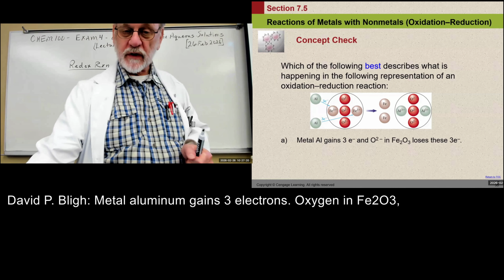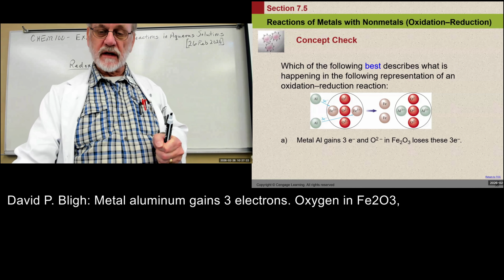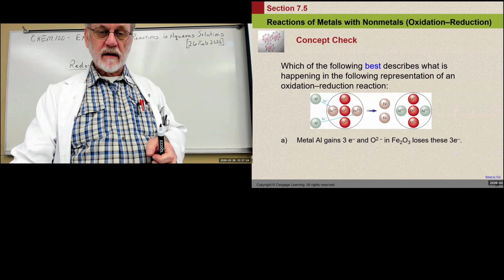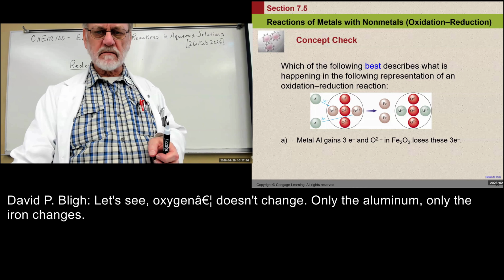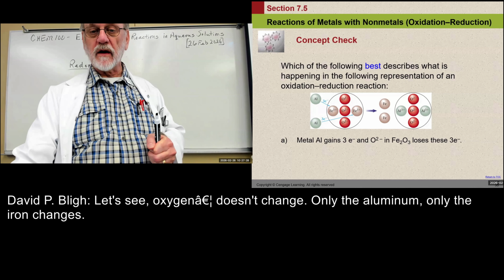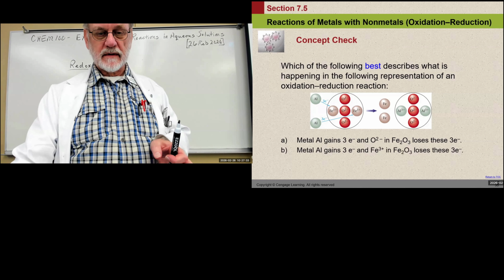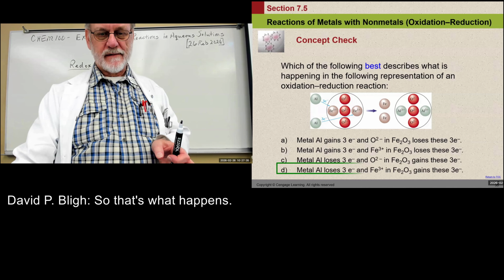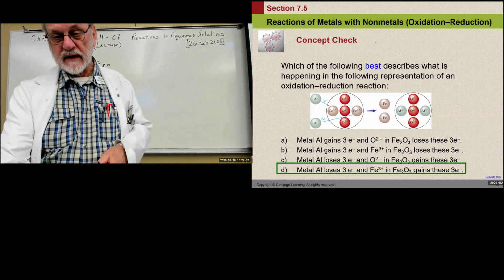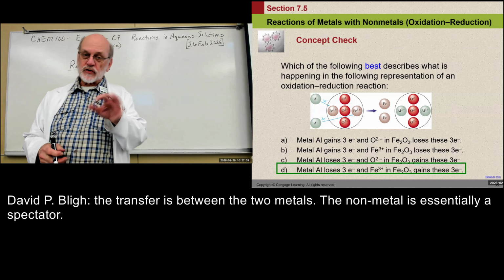Metal aluminum gains 3 electrons. Oxygen in Fe2O3, let's see. Oxygen doesn't change. Only the aluminum, only the iron changes. So the transfer is between the two metals.